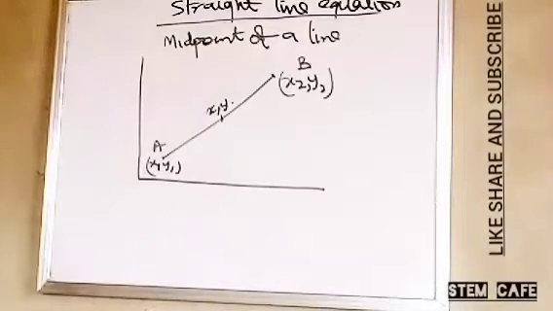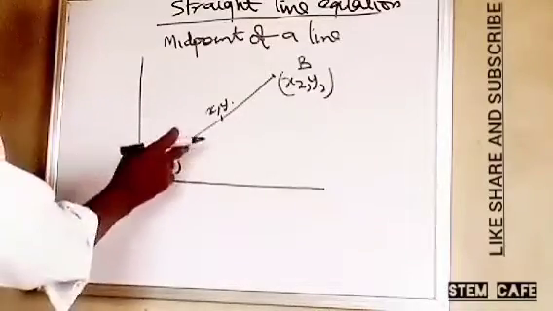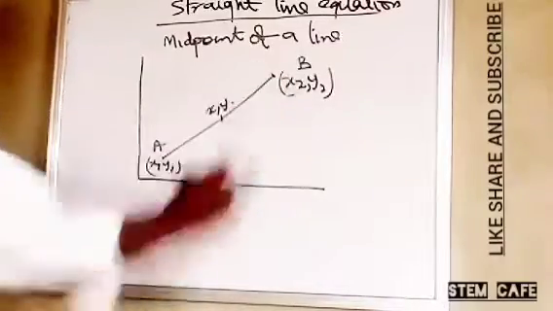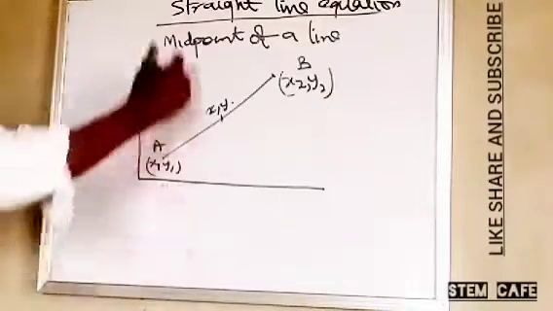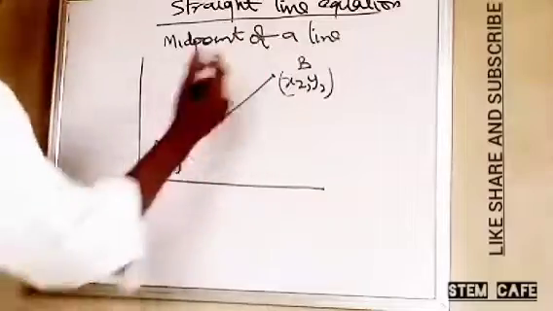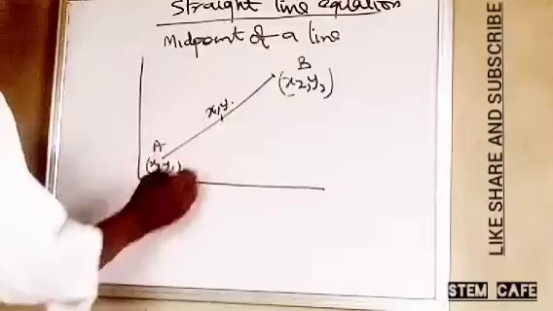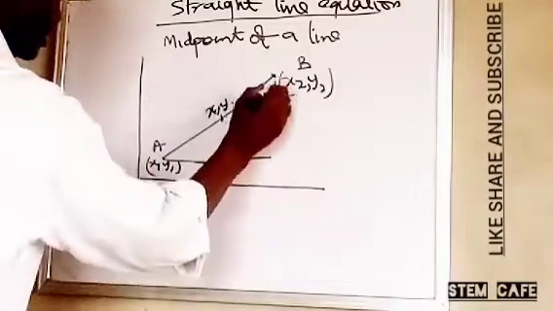Now let's talk about the midpoint of a given line. We have a line AB with A being (x1, y1) and B (x2, y2). I want to find the point at the center, cutting the line into 2 equal parts, and that we call (x, y). Let's look at this line.